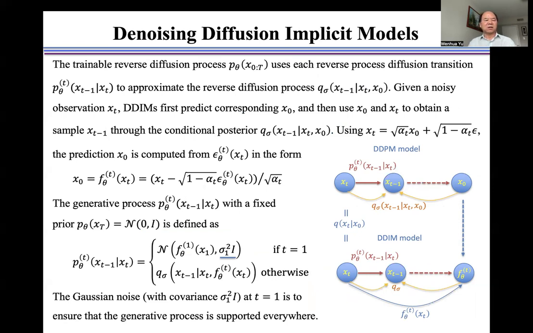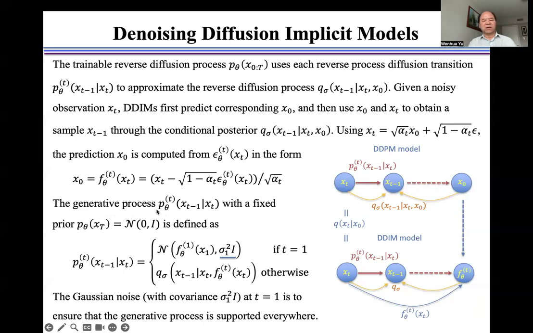Given a noisy observation xt, DDIM models first predict the corresponding x0 and then use x0 and xt to obtain a sample xt minus 1 through the conditional posterior Q sigma. Using this formulation, the prediction x0 is computed from epsilon theta t in this formulation.